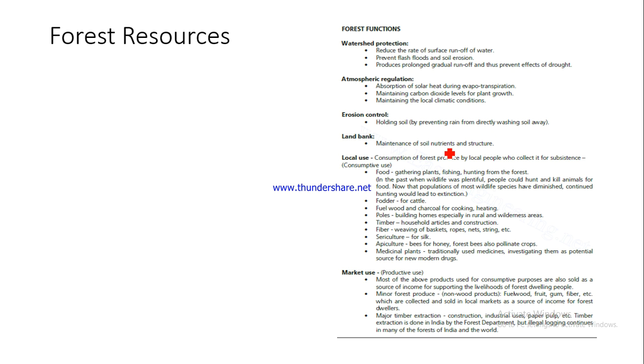What happens to them? They decay, and they are broken down into simpler elements like nitrogen and carbon, which then further provide nutrition to the soil, and this way the soil remains fertile. So the forest also plays a role in maintaining the soil fertility, maintaining the nutrient balance in the soil.